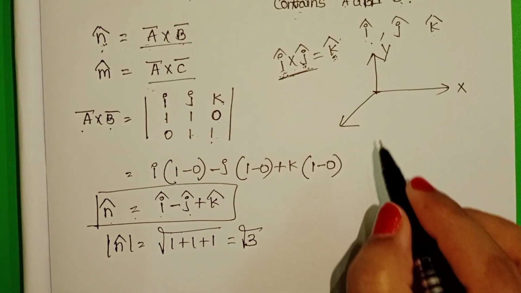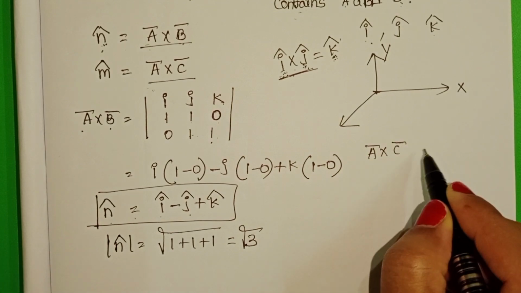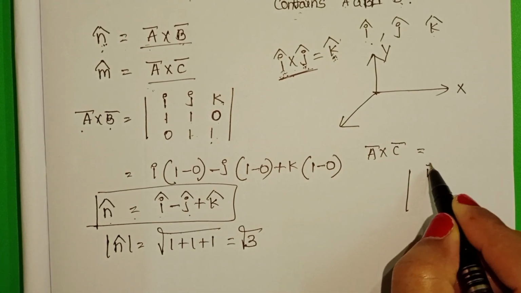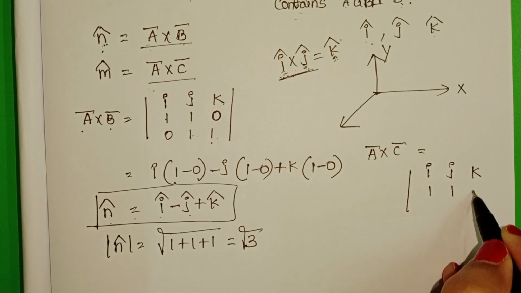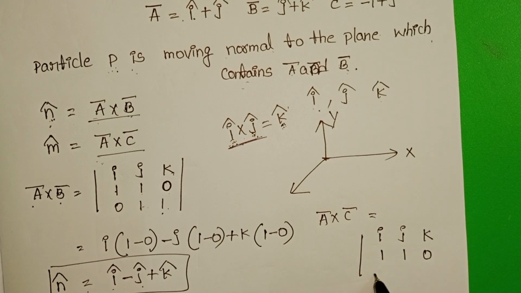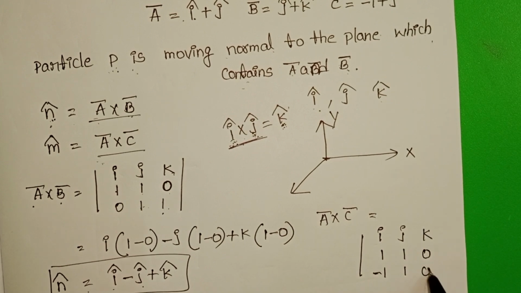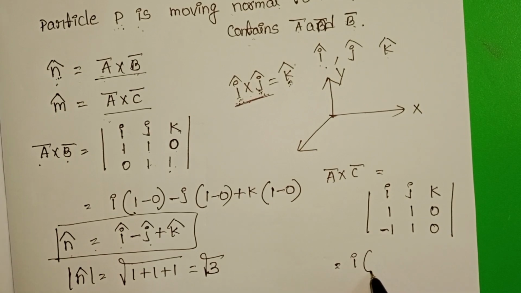And now find out A bar cross C bar. i, j, k; 1, 1, 0. C bar equals minus i cap plus j cap, so here minus 1, 1, and there is no k, 0. i into 1 into 0, 0; 1 into 0, 0; 0.